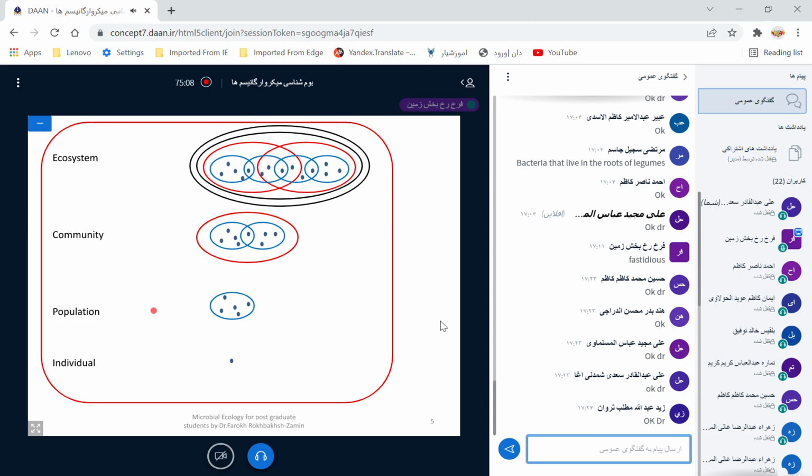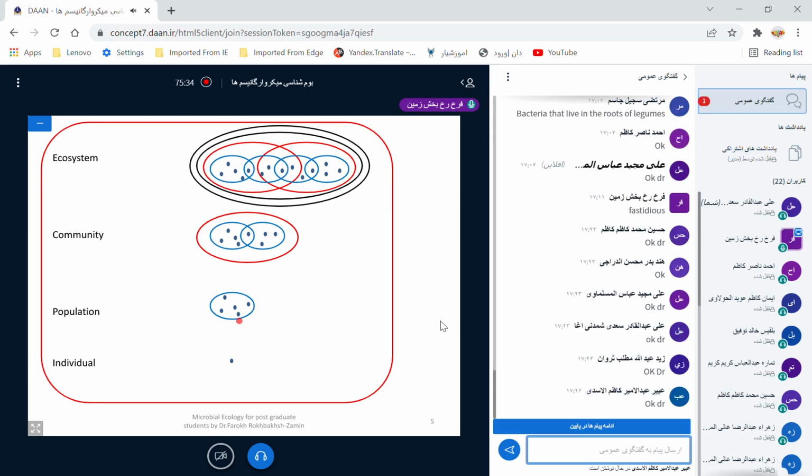We want to talk about interaction. One doesn't have interaction with itself. So when we have a population, we have interaction of number 1 to number 2, and interaction of number 2 to number 1. So next time we talk about interaction between or among members of one population.